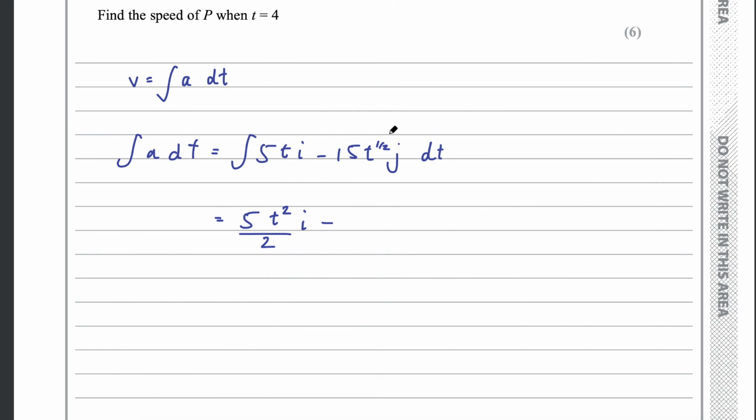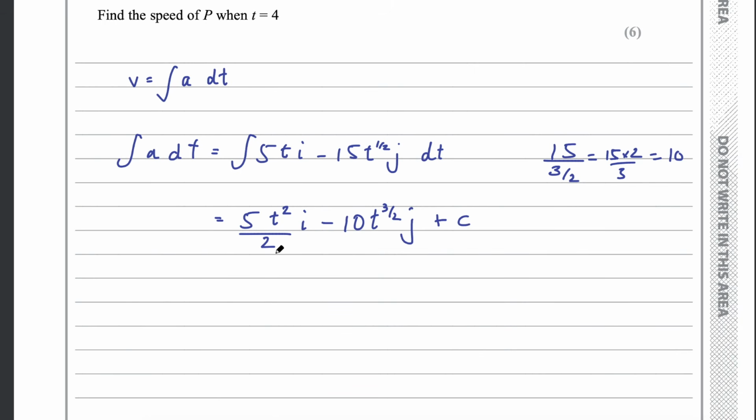And then 15t to the power of a half, well, that's going to be 15 divided by 3 on 2. Remember, we add 1 to the power and then divide by that number. So 15 divided by 3 on 2, that's like 15 times 2 divided by 3. And then 15 divided by 3 is 5 times 2 is 10. So this 15 is going to become 10. And then we've got t to the power of 3 on 2 j plus some constant c.